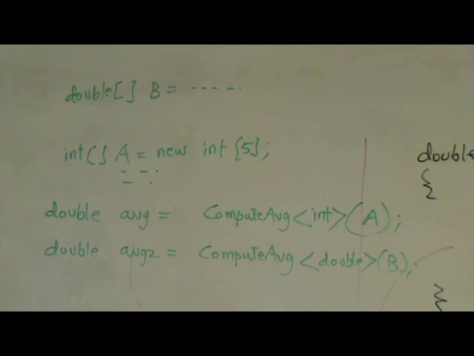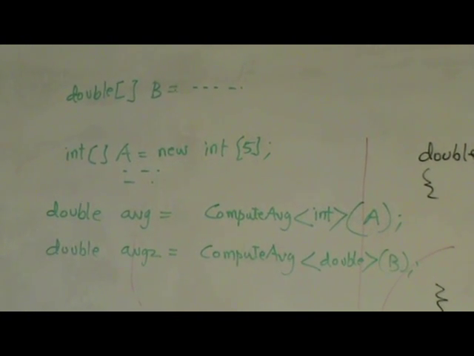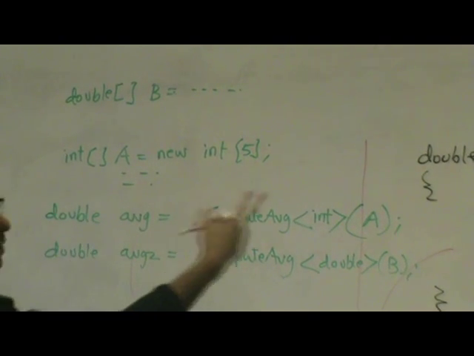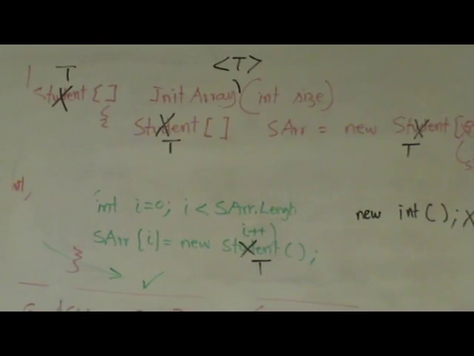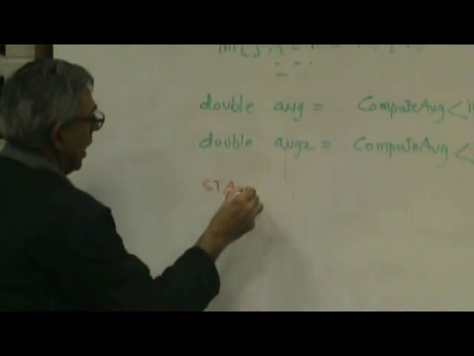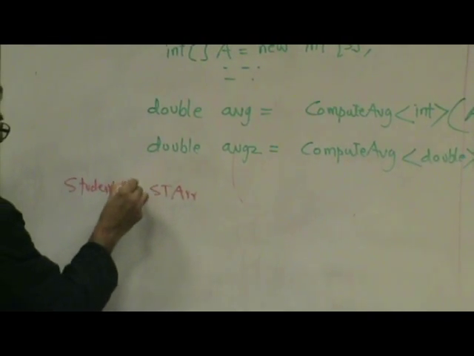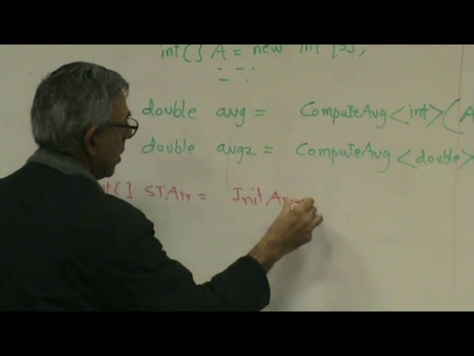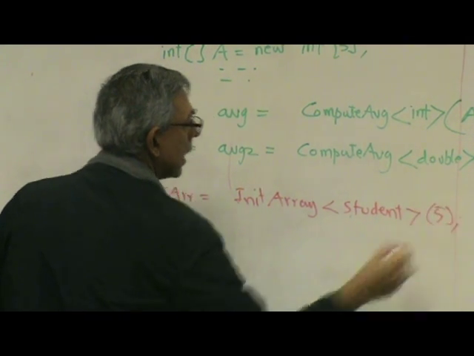What if somebody created an array of students and called this function, right? So suppose I trigger my old generic method over here, the initArray, correct? If I did something like this, stArray of Student equal to initArray Student, let's say 5, correct?